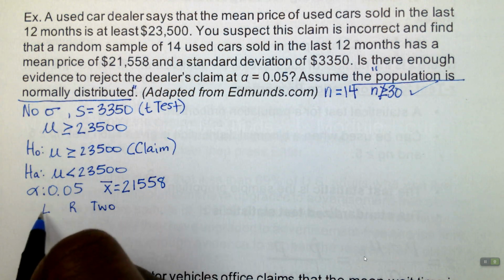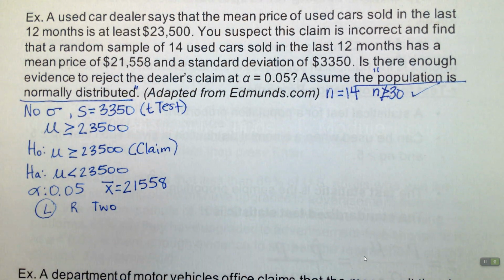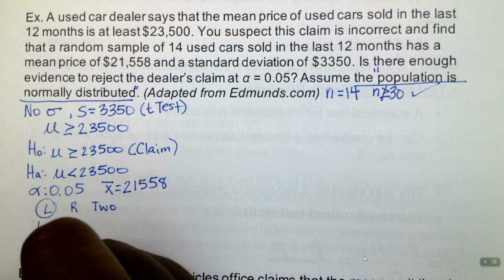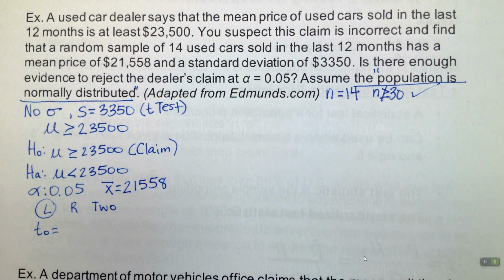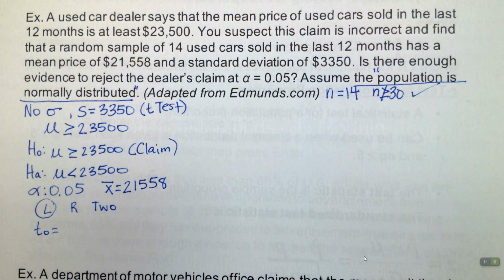HA is pointing left, so this is a left-tail test. That means we're going to leave the level of significance as is if you put it in the calculator, or we're going to make it negative on our table.